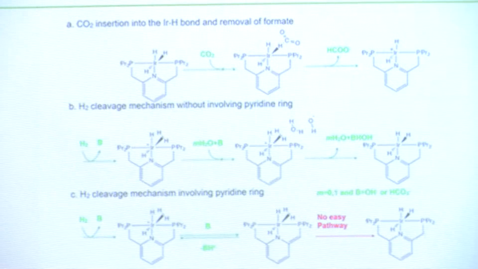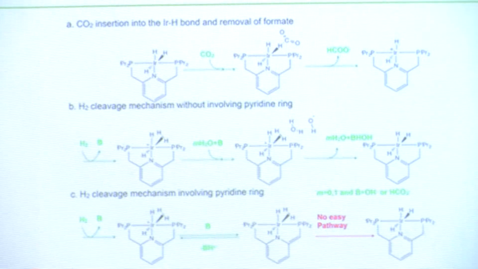We got 6, 7, 8, 9, 10, 11, 12, 13, 14... yeah, we got 18. And I had to look up what a non-innocent ligand means. It means that it would participate in the catalytic cycle, normally.